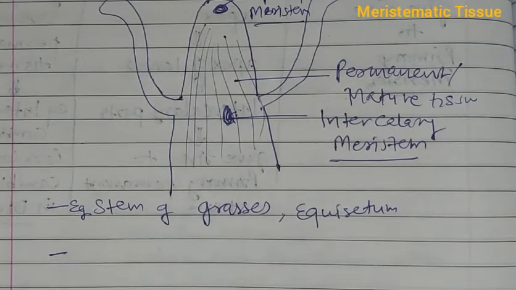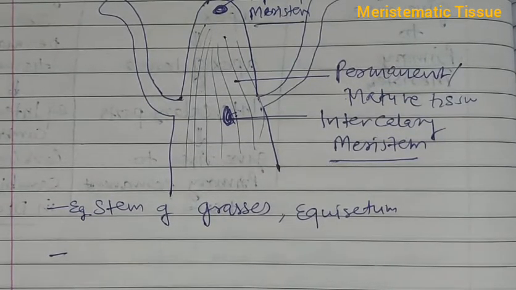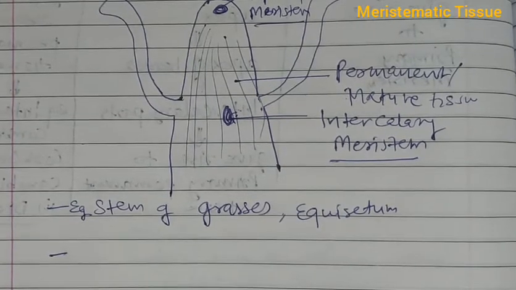Now if they remove the tip from the grasses, the apical meristem is lost. So they should not be able to grow, but they grow and again form leaves in a complete manner. Why? Because some cells are left behind, and they are known as intercalary meristem.